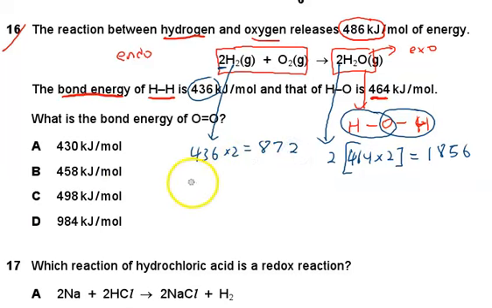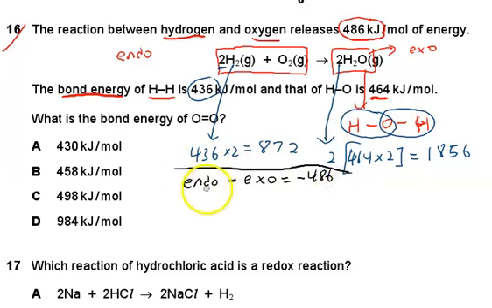So the equation here will be endo energy minus the exo, equals the energy released. So here will be negative 486. Then endo is not completed, so we just put here 872 minus the exo.